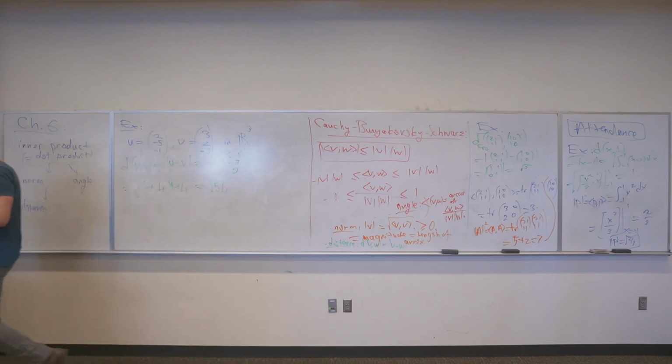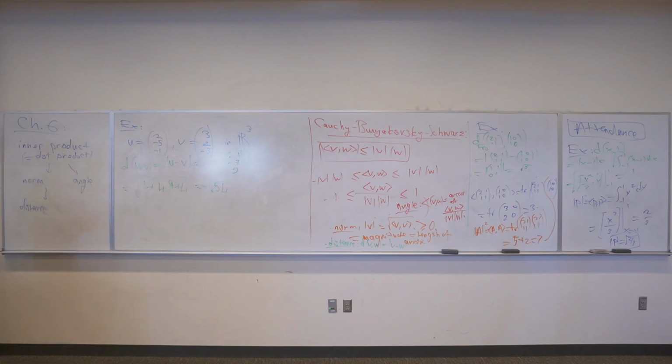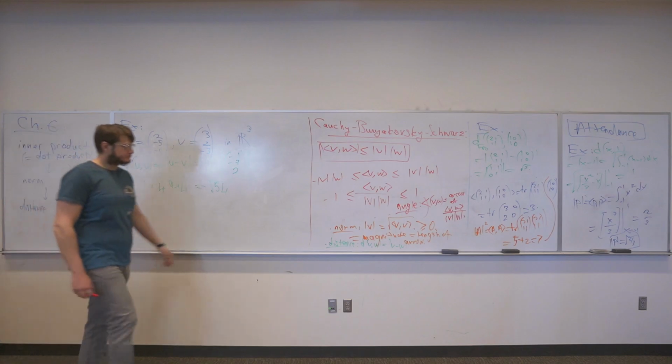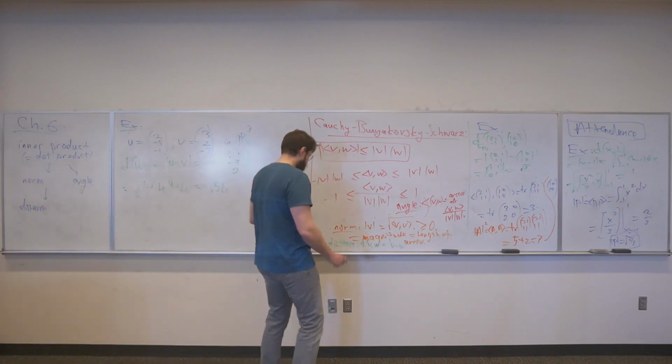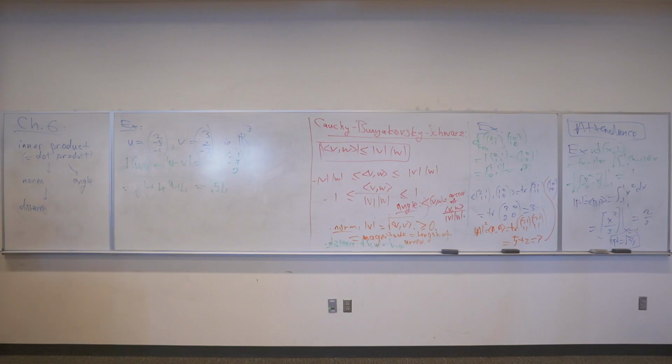The most important angle is, of course, 0, which is when v and w are proportional. They are in the same span. And the second most important angle is 90 degrees. And that's when you call two vectors orthogonal or perpendicular. I'll write it in a second, or maybe I'll write it here. Here's the thing.